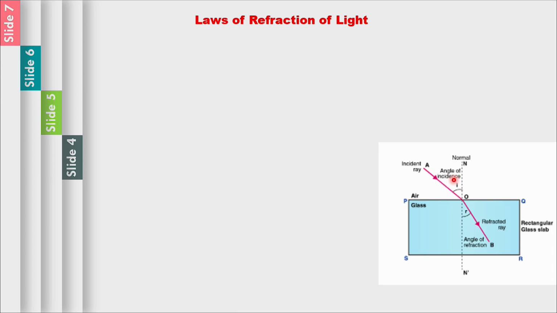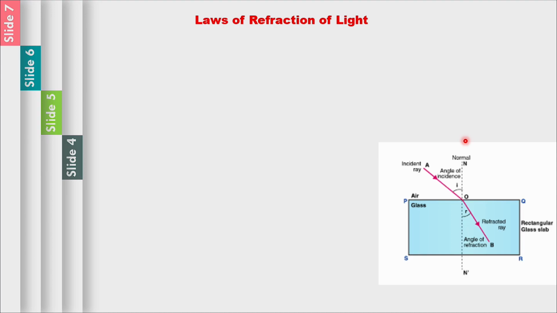Then i is the angle of incidence and r is the angle of refraction. There are two media, air and glass. That is, the ray travels from air, the rarer medium, to glass. Here PQRS is a rectangular glass slab, and NN dash is the normal to the surface.